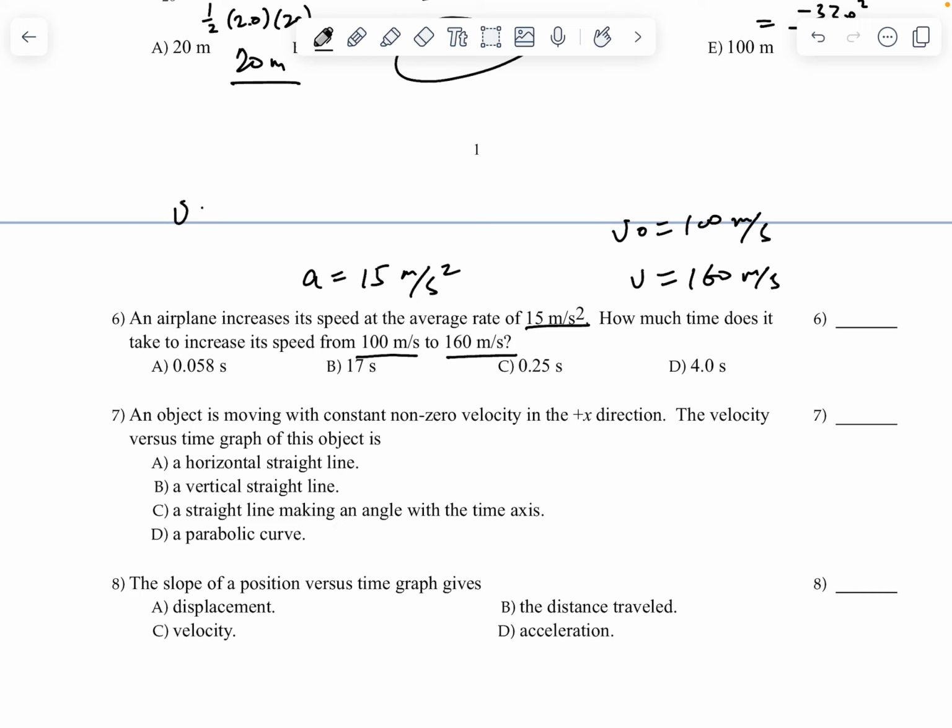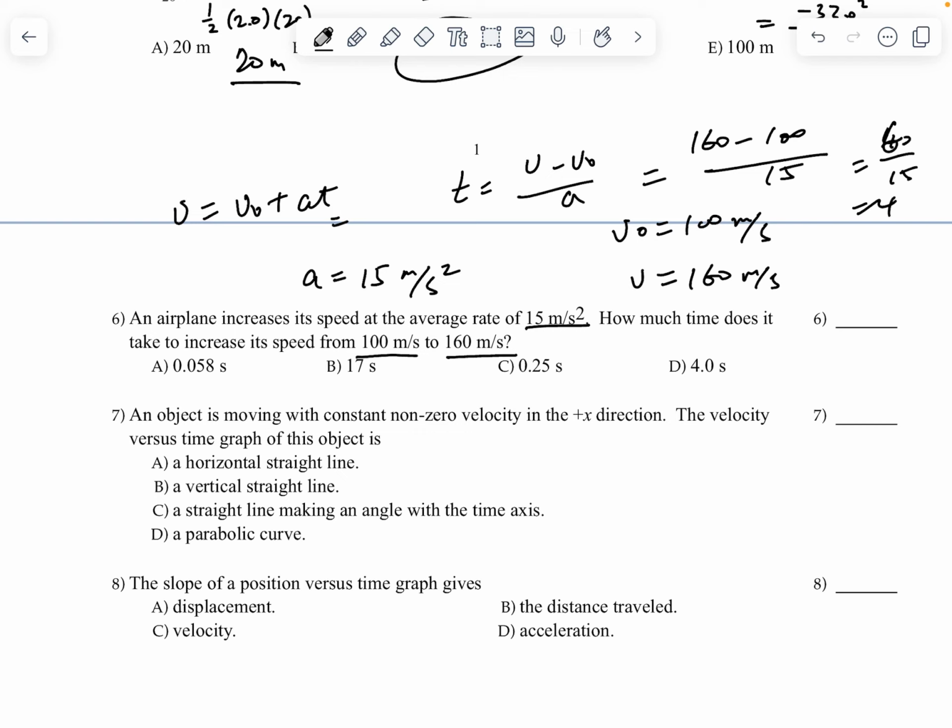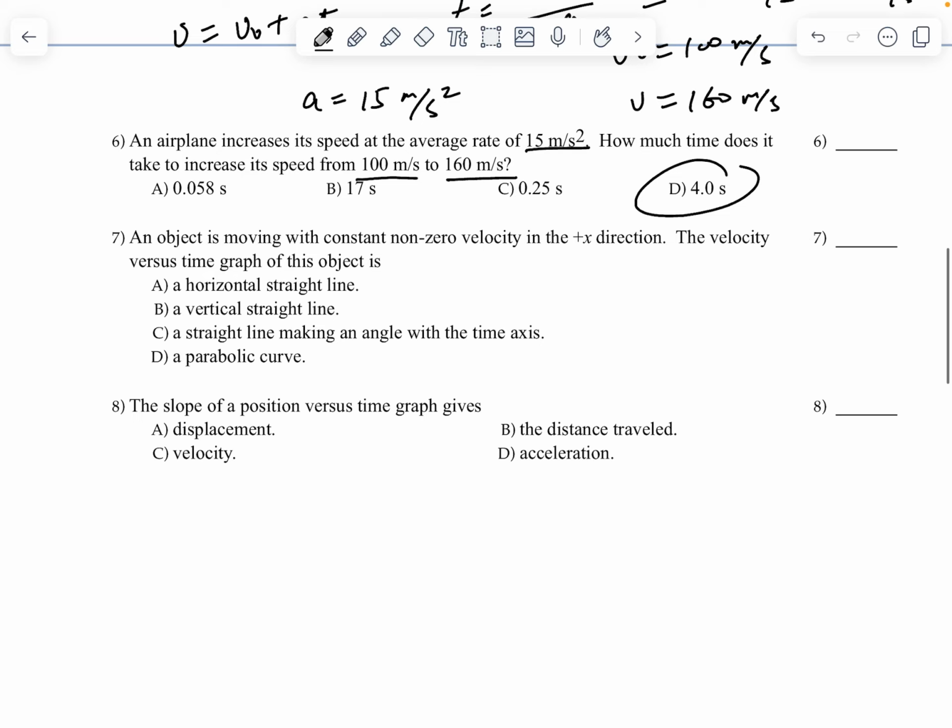We use the equation V equals V naught plus a t, looking for t. So t equals V minus V naught divided by a, which is 160 minus 100 divided by 15. That's 60 divided by 15, equal to 4 seconds.